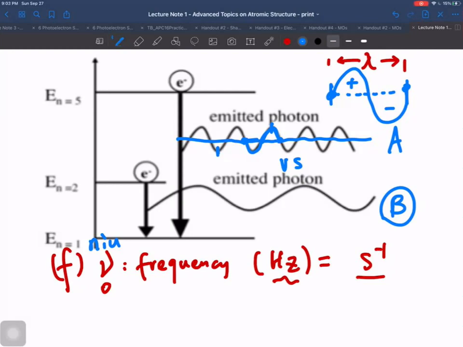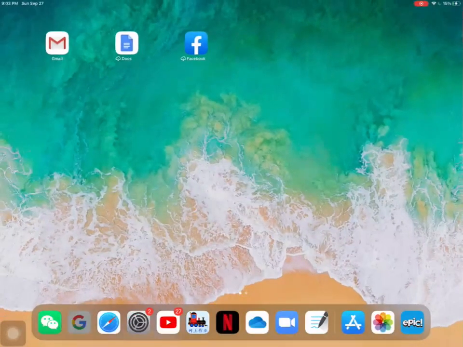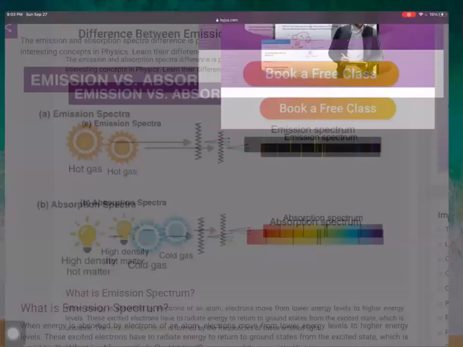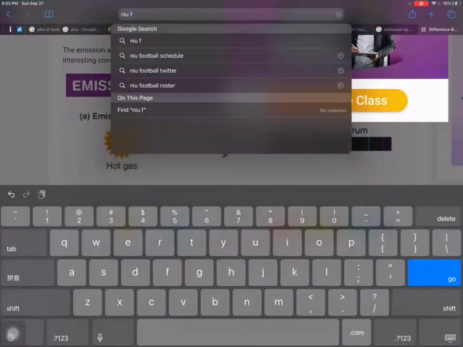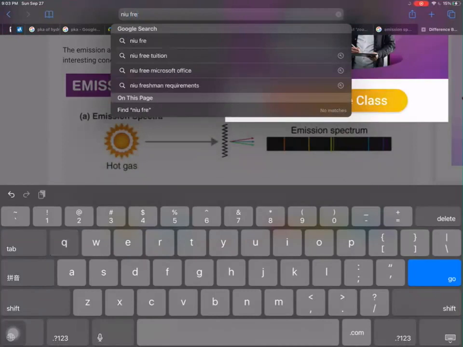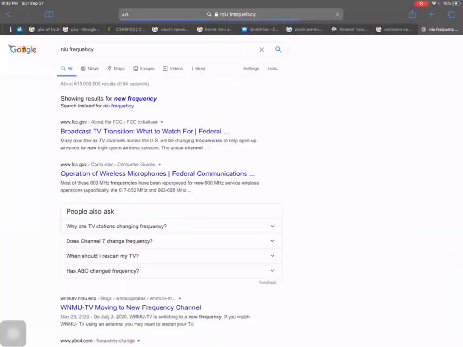The writing is also slightly different from the V. Maybe the open is a little bit larger, right? It's very hard to differentiate in handwriting. But if you have a look at this one, nu, frequency.